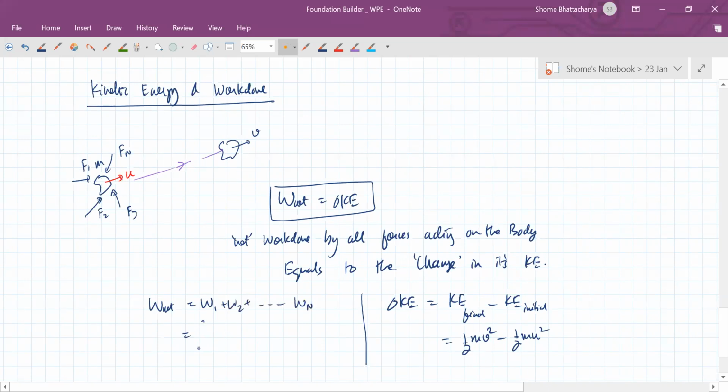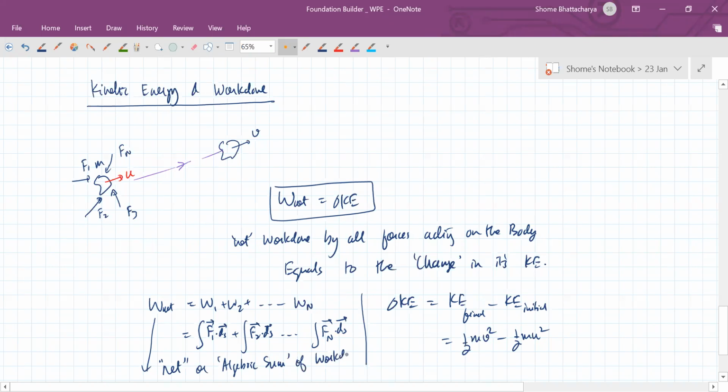So that is integration of F1 dot dr, in general, because if any of the forces are constant, then you don't need to do integration. We can just do it by dot product also. But this is the net. By net, we mean the algebraic sum of work done by all forces.